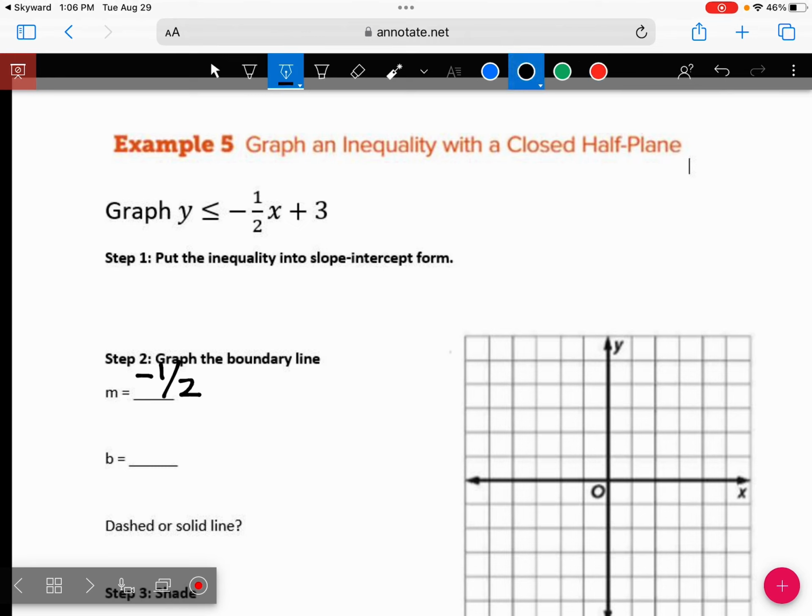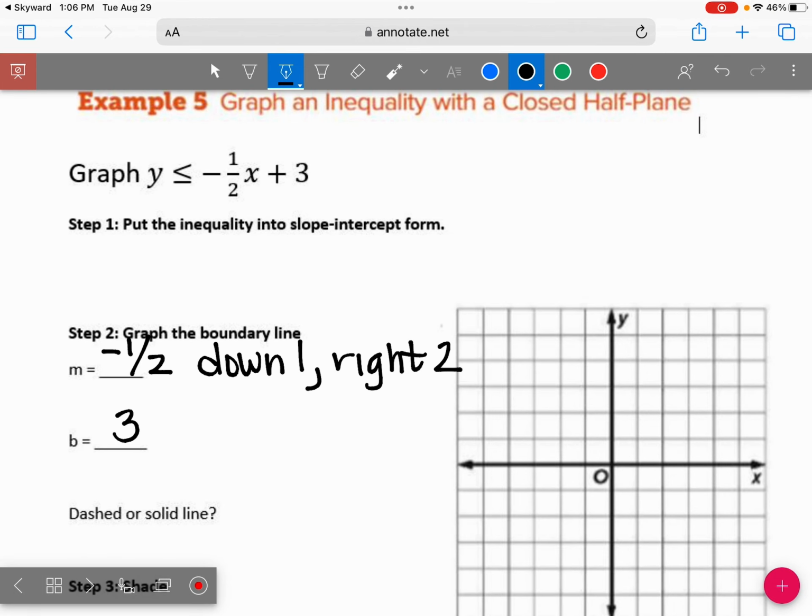Because it's negative, I'm going to go down 1, right 2. My y-intercept is 3. So let's go ahead and put a point at +3. Go down 1 to the right 2, down 1 to the right 2.